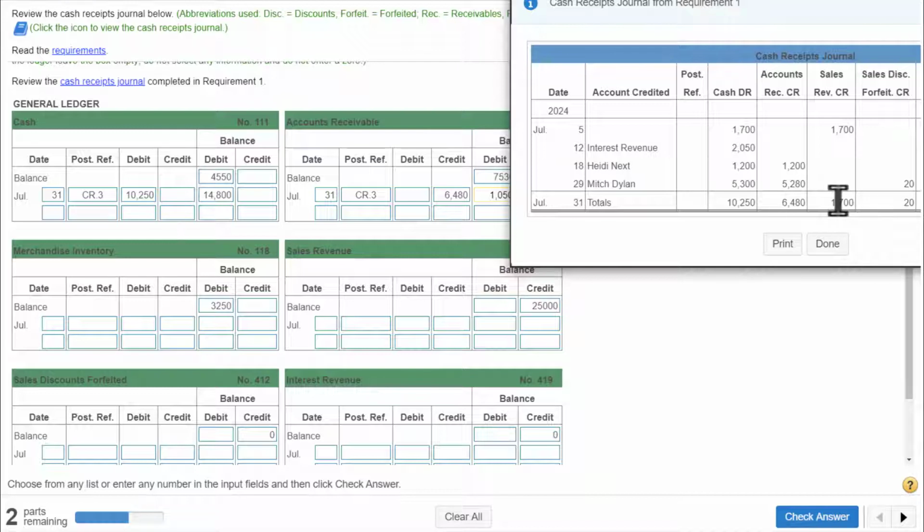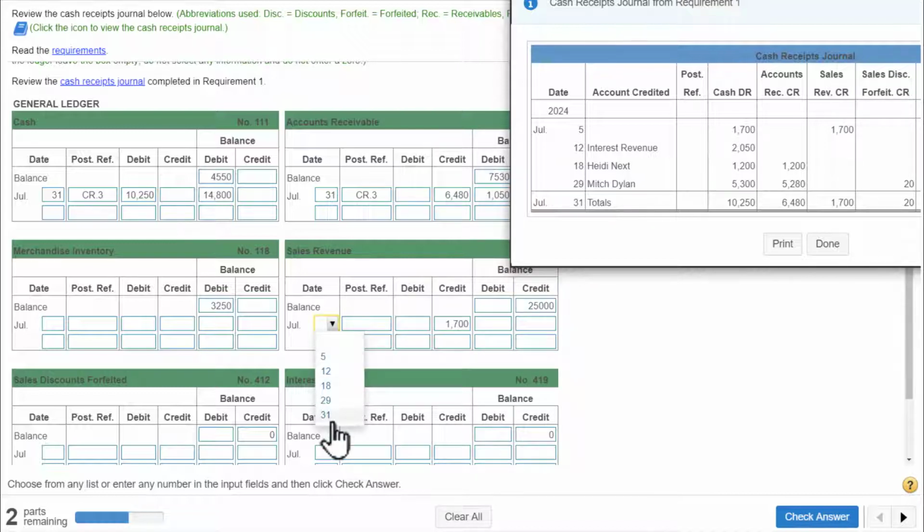Moving over from left to right, we got sales revenue, $1,700 credit. So sales revenue is going up. Post the total at the end of the month. Cash receipts, page 3. So that gives us $26,700.